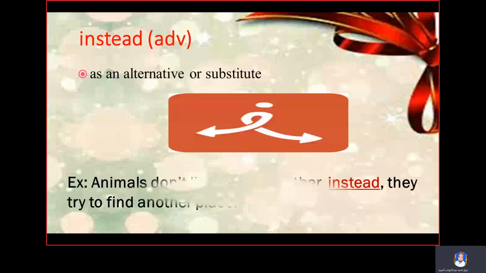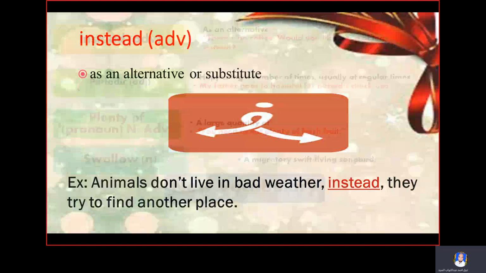Animals don't live in bad weather. Instead, they try to find another place. Instead, as an alternative, there is no coffee. Would you like a cup of tea instead?